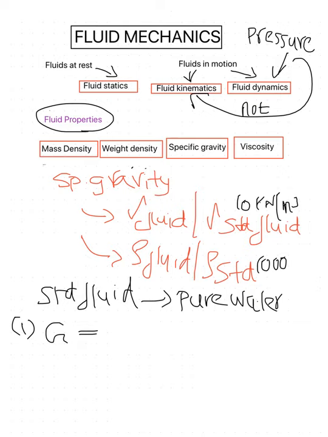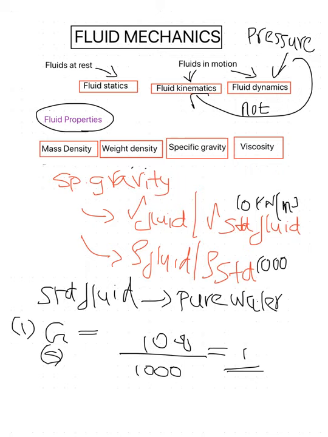You can write it as G or S. Now to calculate the specific gravity, we know the standard fluid is water, so considering the mass density of water, this is a case where the given fluid is also water. So if the given fluid is water, what is rho of given fluid? It is 1000, so the specific gravity is 1.